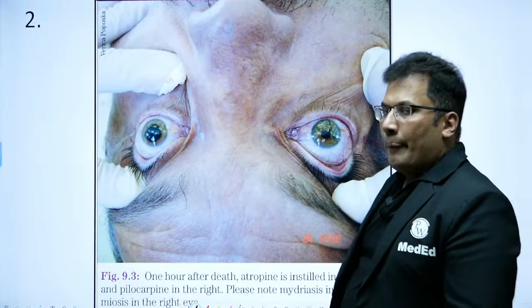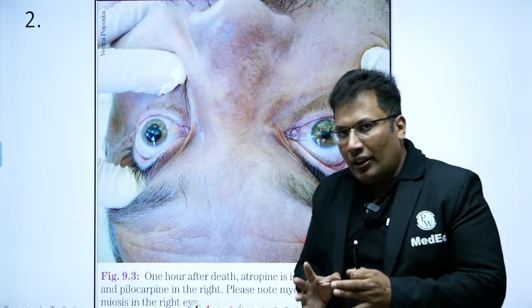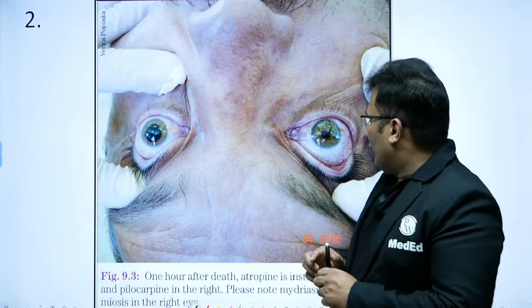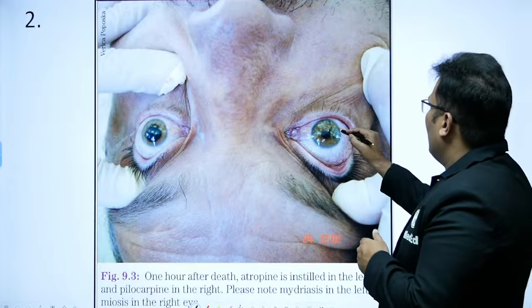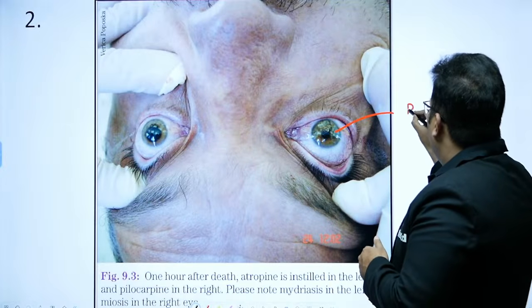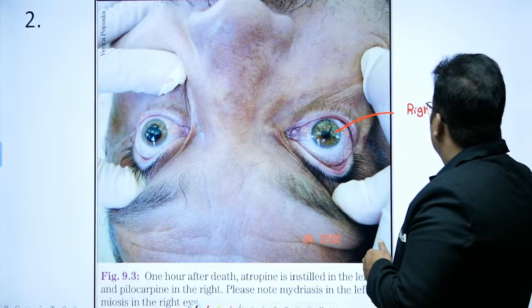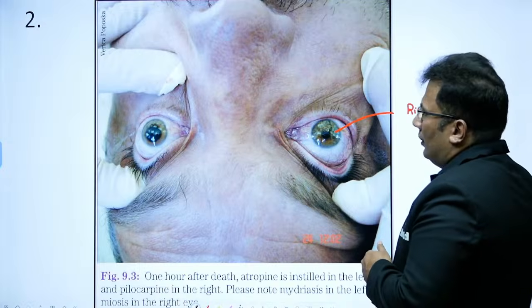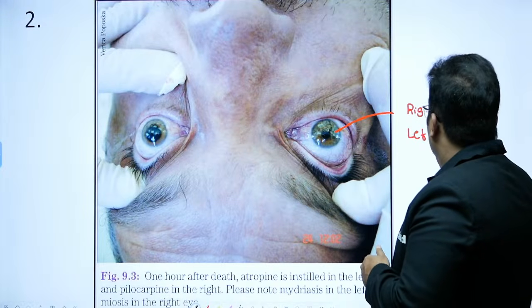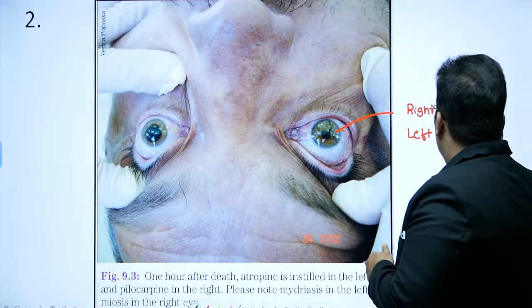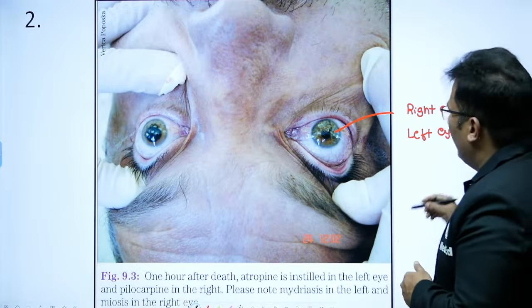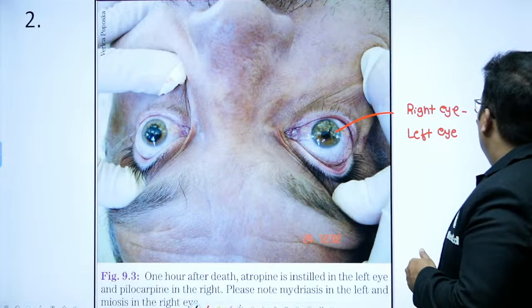Second question. So all of you concentrate on the question. In the second question, what you can see here is the right eye and the left eye. In the right eye, there is a constricted pupil.